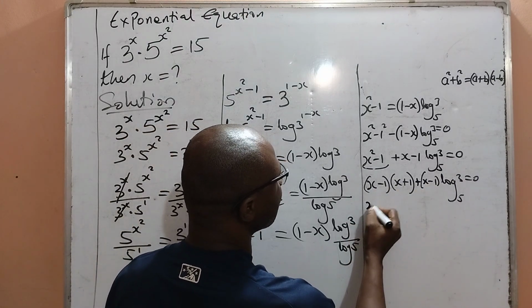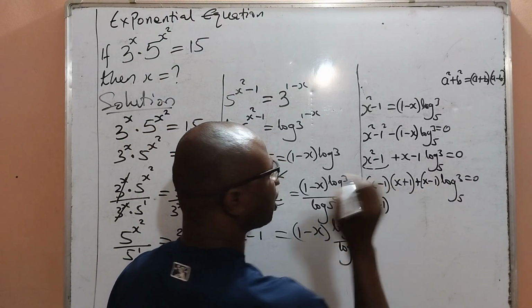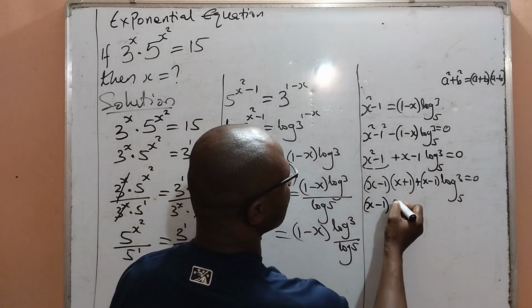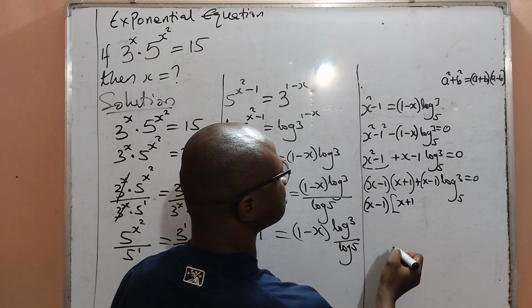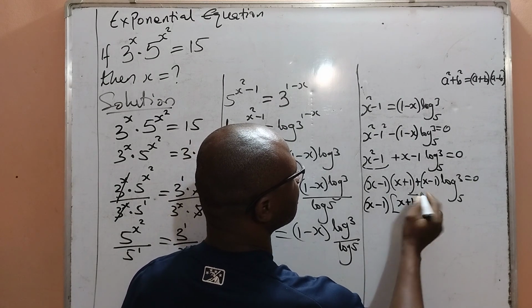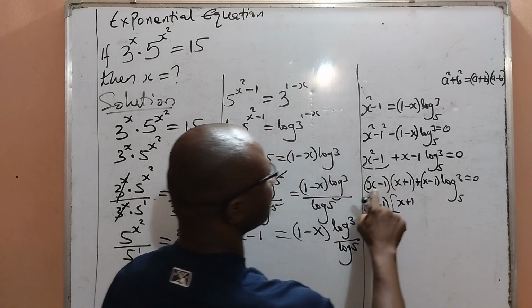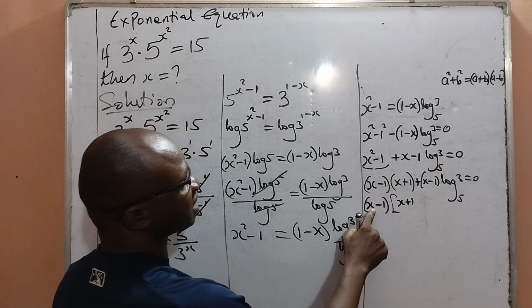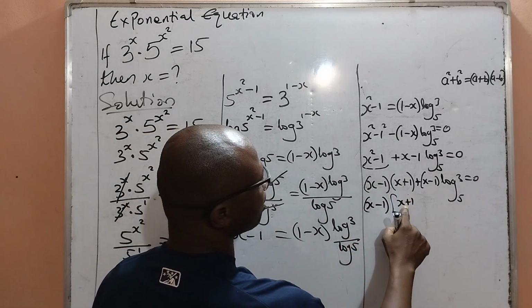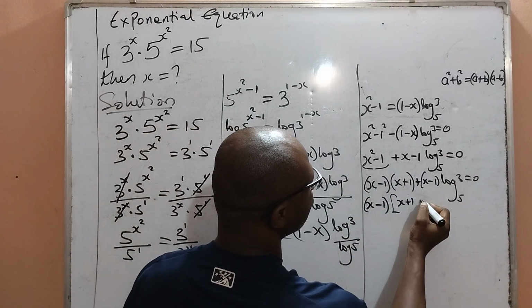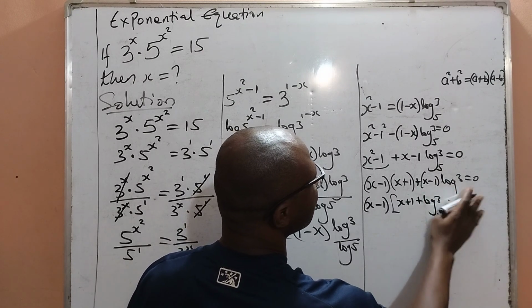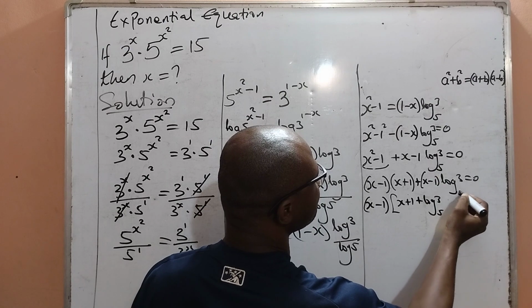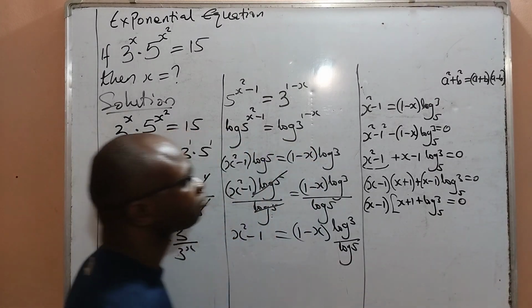So I write (x minus 1) into the bracket (x plus 1) plus the log of 3 base 5. Everything now is equal to 0.